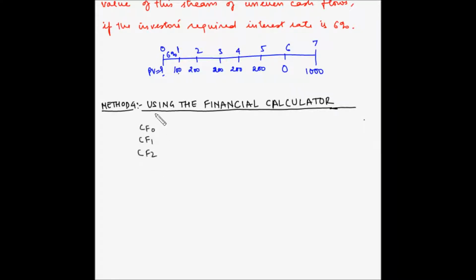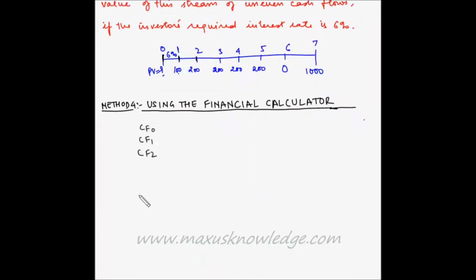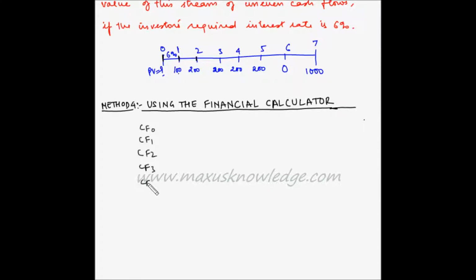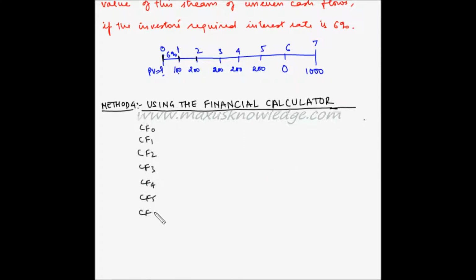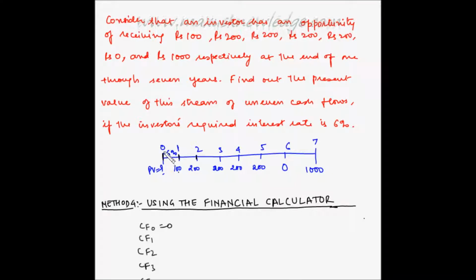So the CF0 is the cash flow at this point here. CF1 is the cash flow at this point. CF2 is the cash flow at this point. So let's note down CF3, CF4, CF5, CF6 and CF7. So in our case, CF0 is 0 because at this point there is no cash flow at the beginning of the tenure.